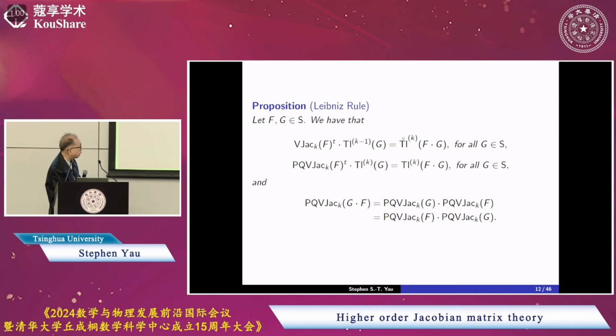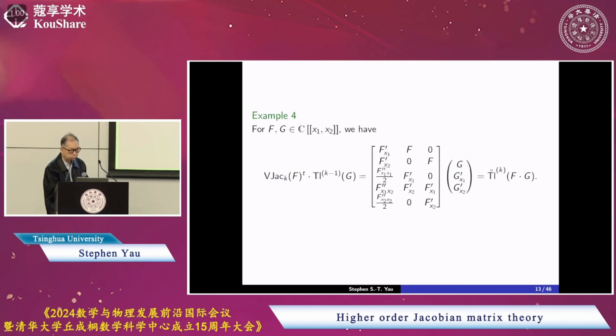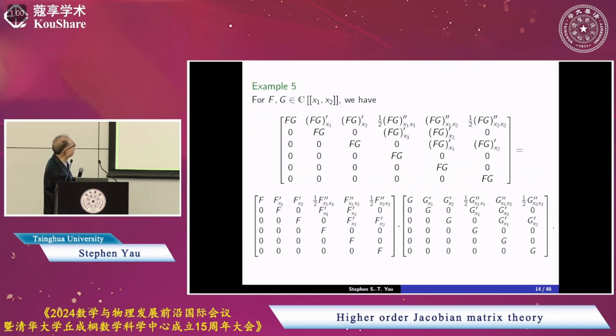And also you have this equality. So this is an example. We compute it so you can understand more easily and illustrate the formula. For the product, you have the product rule like that. So that's why this matrix actually commutes.